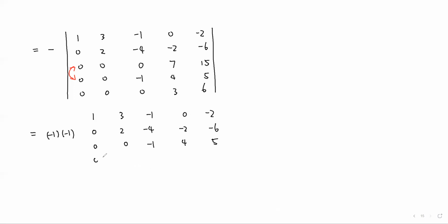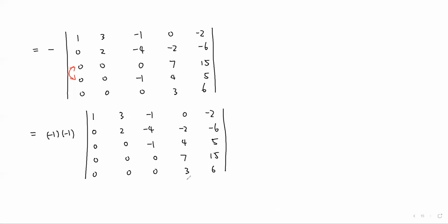And then 0, 0, 0, 7, 15. And then 0, 0, 0, 3, 6. So negative times negative is positive. It is still not in upper triangular form, not in echelon form yet.